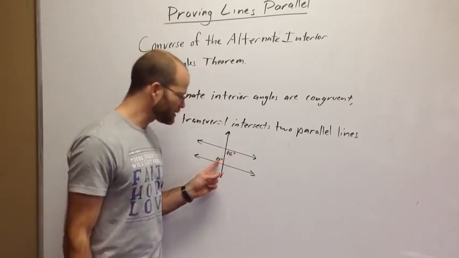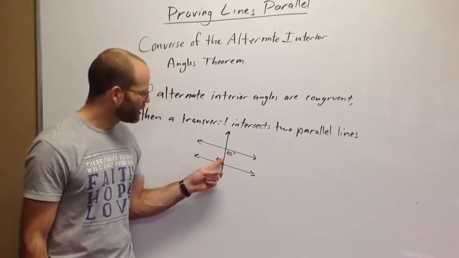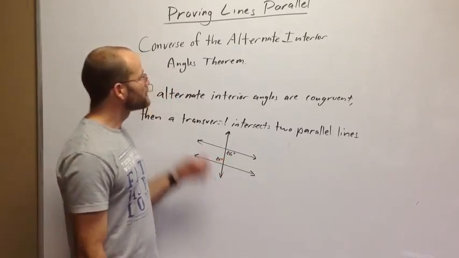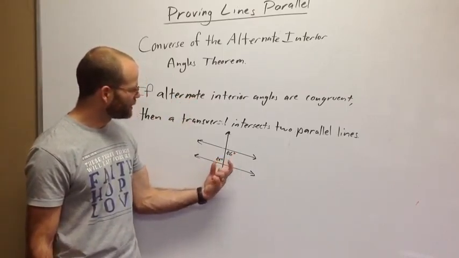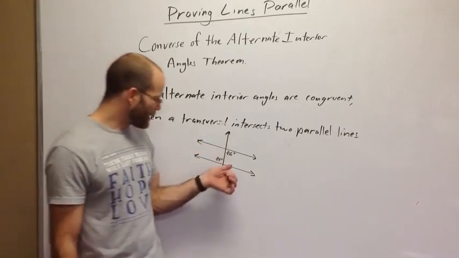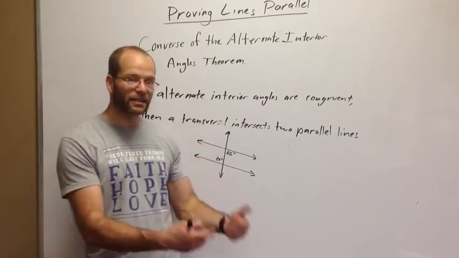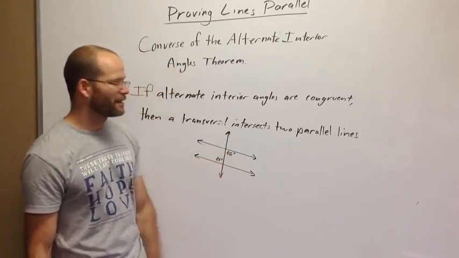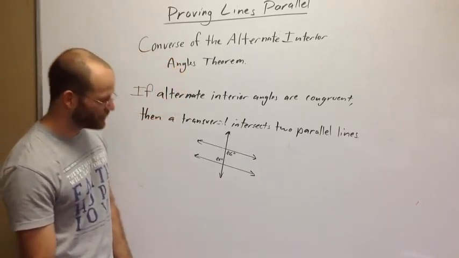We know that these two angles are 86 degrees. You'll note that these are alternate interior angles, and they're congruent. The converse of the alternate interior angles theorem says that if alternate interior angles are congruent, then a transversal intersects two parallel lines. So while I come to this ignorant of whether or not these two lines are parallel, I can conclude, based on my analysis here, that they are in fact parallel. That's the converse of the alternate interior angles theorem.